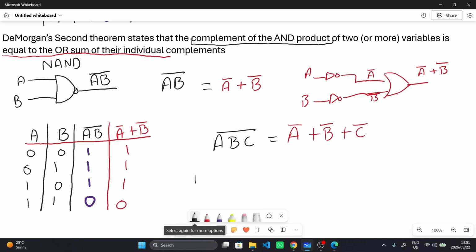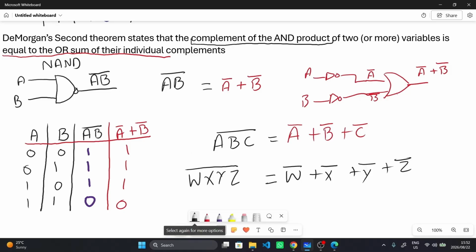Even if you have 4 variables, let's say W, X, Y, Z, complement, correct? That will give you W complement plus X complement plus Y complement plus Z complement, right?